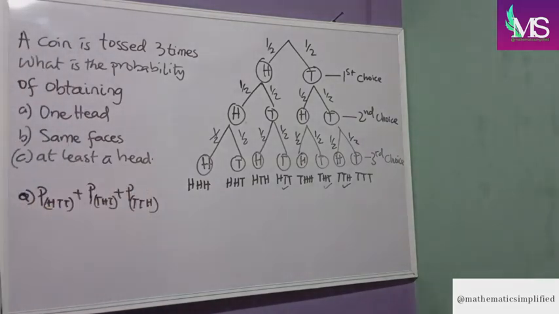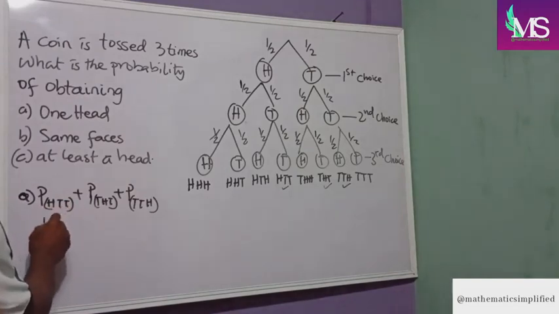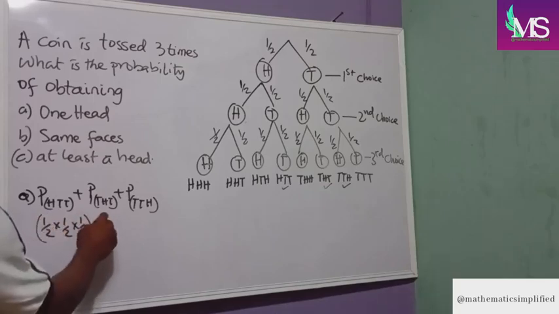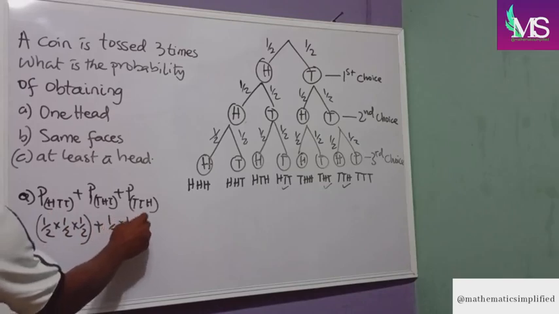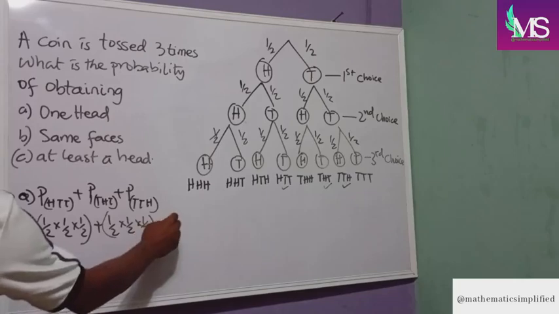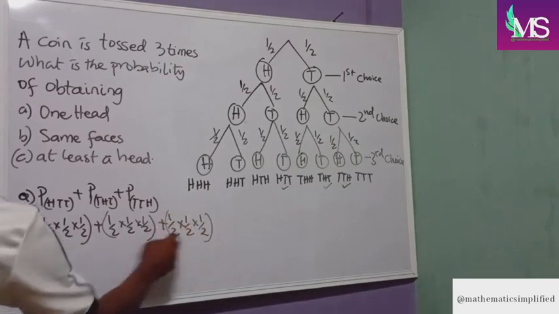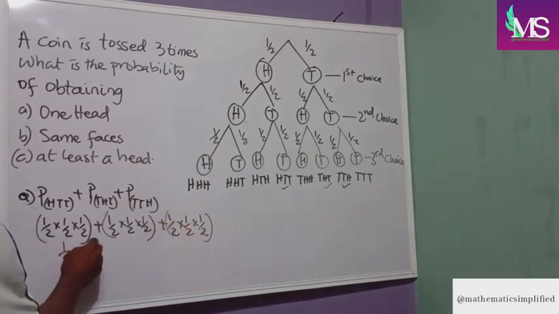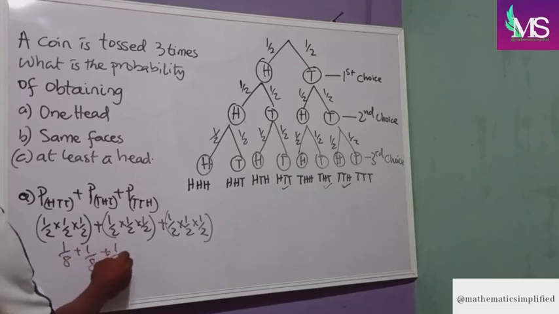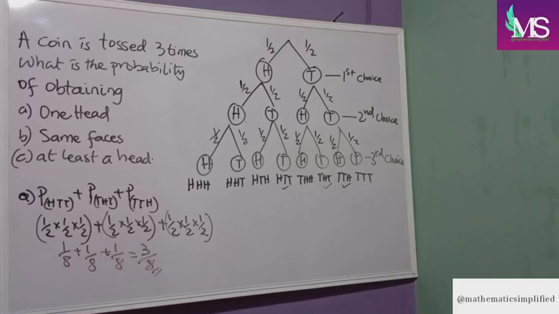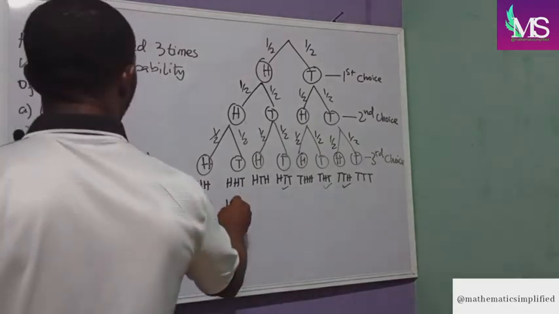So now, the probability will be 1/2 times 1/2 times 1/2 plus 1/2 times 1/2 times 1/2 plus 1/2 times 1/2 times 1/2. So this becomes 1/8 plus 1/8 plus 1/8, which will give us 3/8. That's the probability of obtaining a head. Now, the next question is probability of obtaining same face.